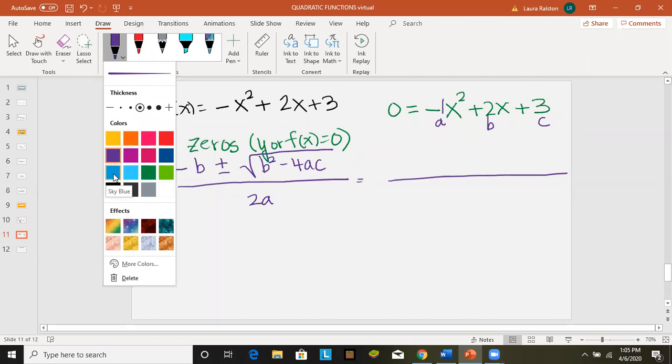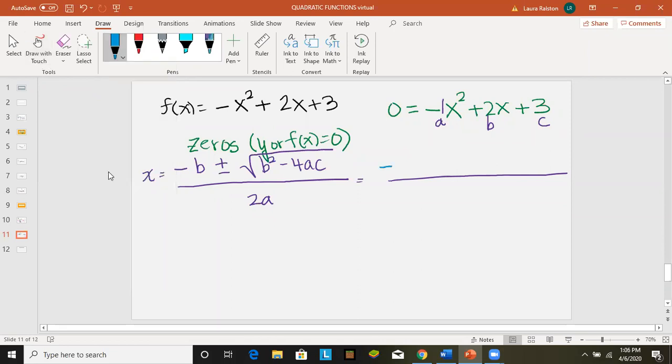And guys, then this becomes a straight flat out plug it in. So I have the opposite of B, which is positive 2, plus or minus the square root of B, which is 2 squared, minus 4 times A, which is -1, times C, which is positive 3, all over 2 times A, which is -1.